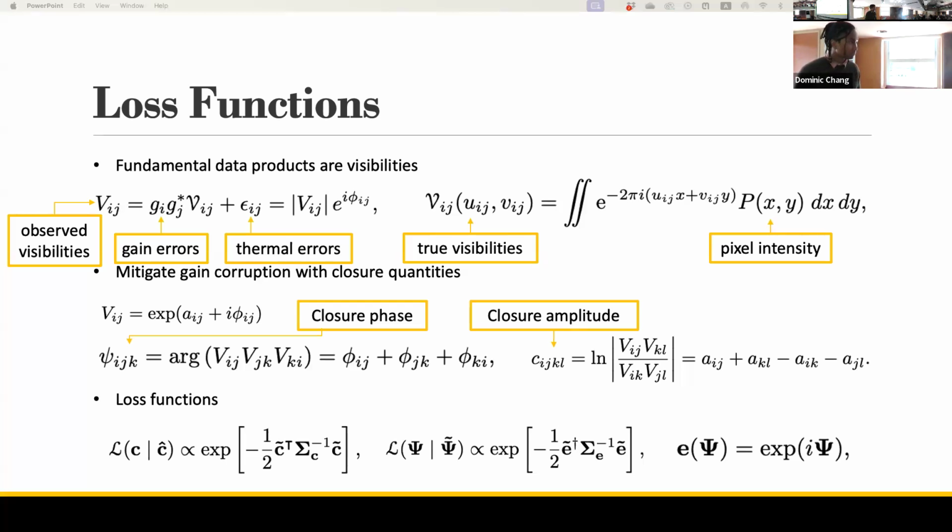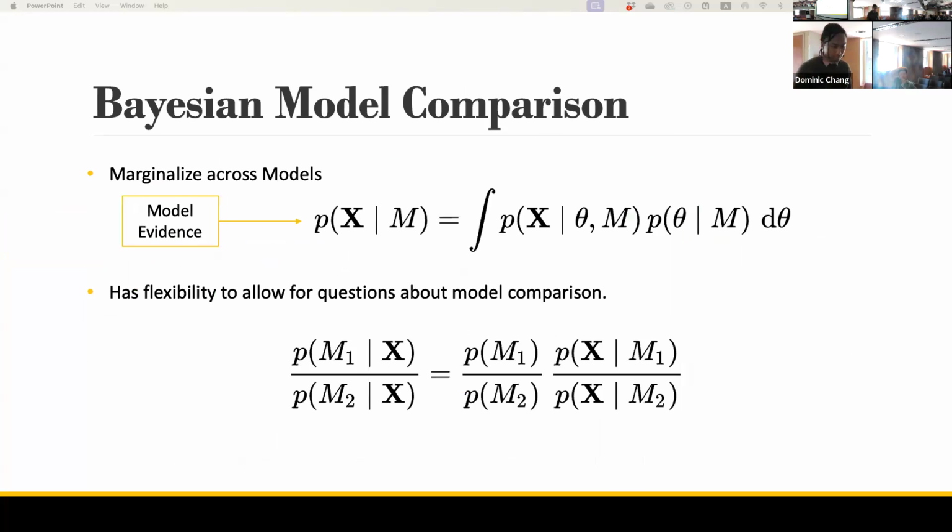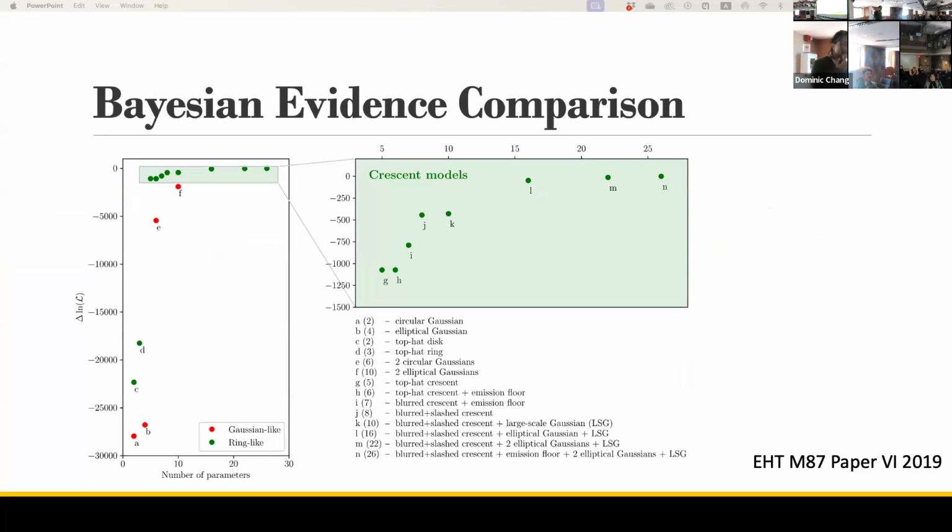Sorry, can I interrupt for a sec? You showed us that plot before with the different evidence values for different models, with the green points and red points. Yeah. You're not actually calculating your evidence here, are you? The marginalized likelihood? I would think those are fairly complicated integrals. Are you just minimizing some sort of evidence lower bound?